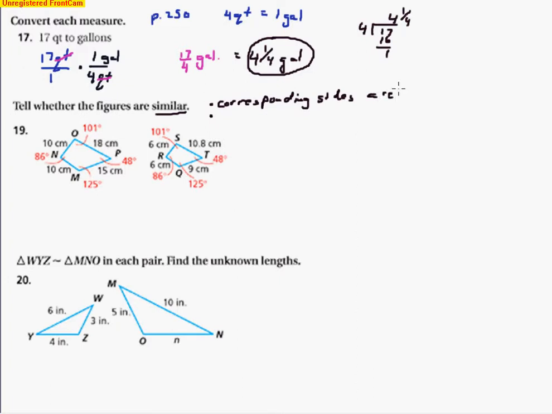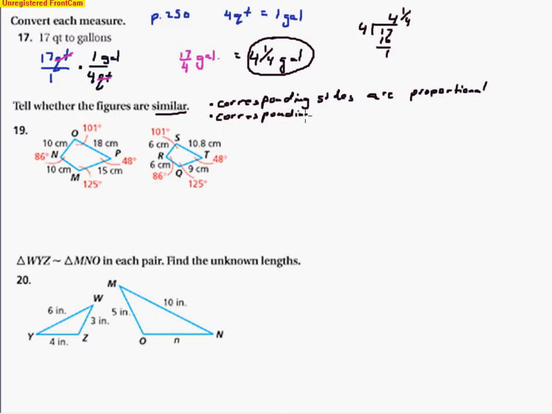What that means is that if we write a proportion, we're going to end up seeing if those two ratios equal each other. And so that's the first thing. Corresponding sides are proportional.